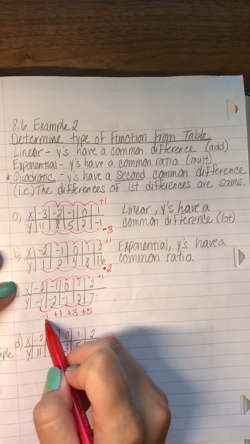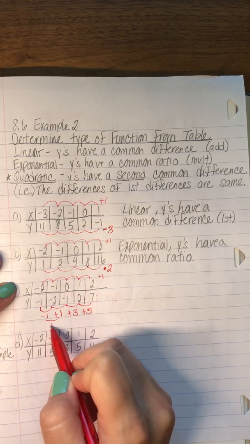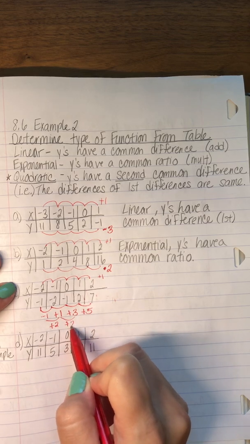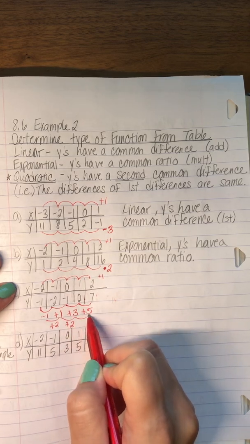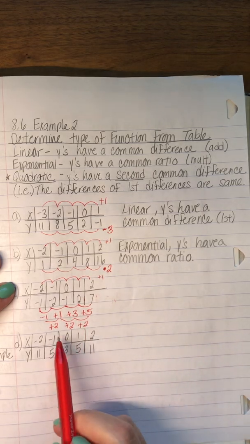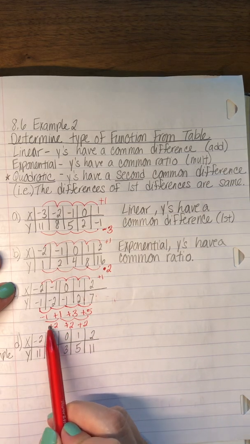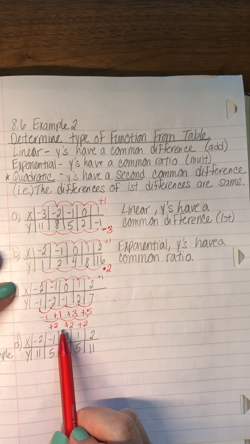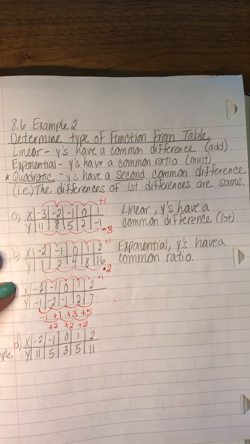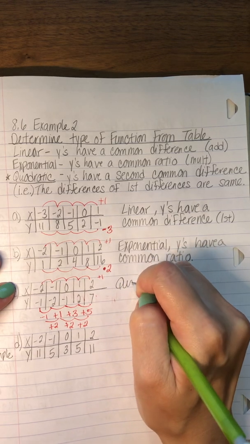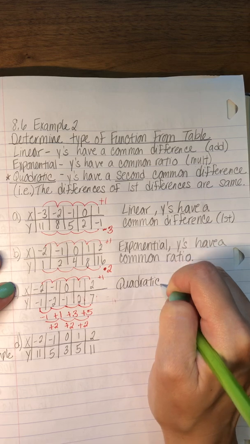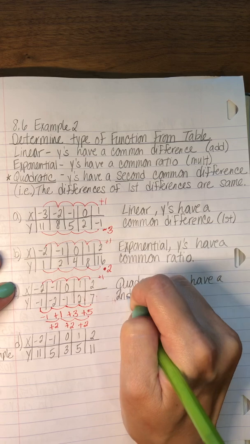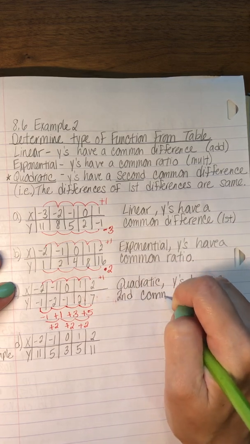How do you get from -1 to +1? You add 2. How do you get from 1 to 3? You add 2. How do you get from 3 to 5? You add 2. And look at these. These are called the second difference, and these are the same. So this has a second common difference, making this quadratic. So this is quadratic because the y's have a second common difference.